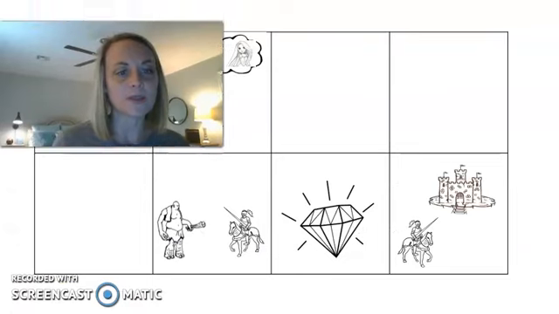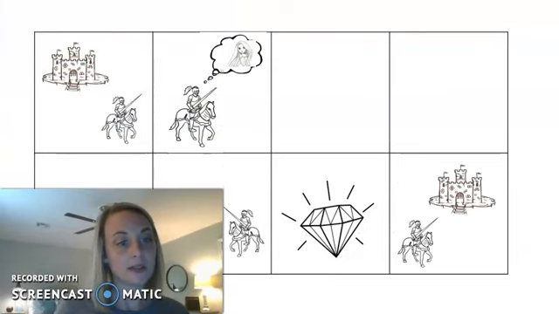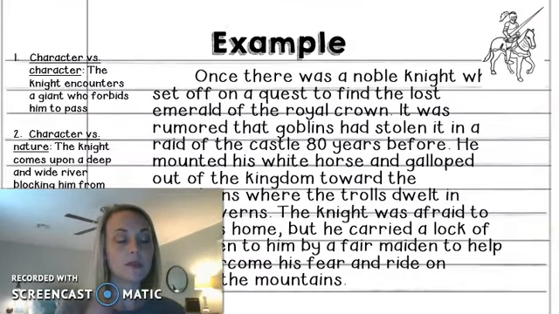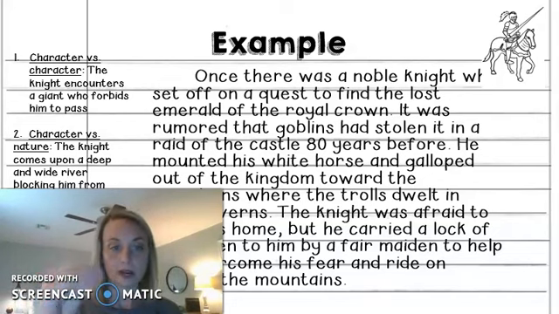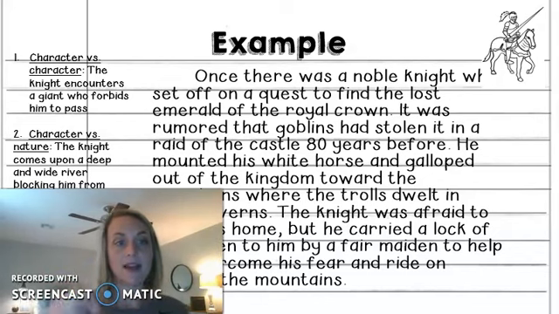So what I would do is then go on 2 more times. I would write some more and then have 3 options for character versus character, character versus nature, and character versus self.